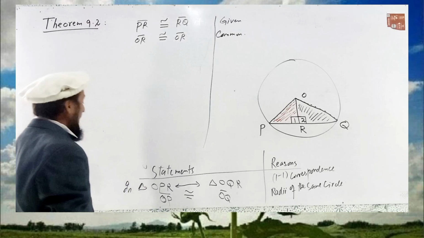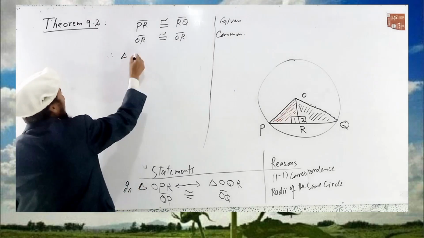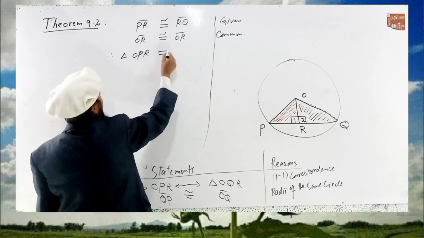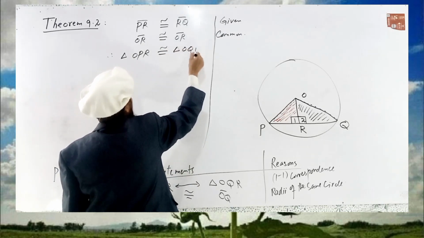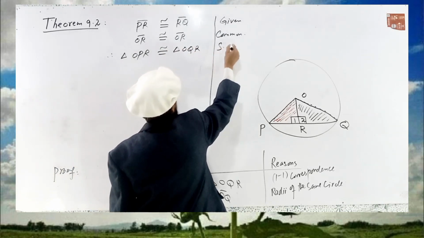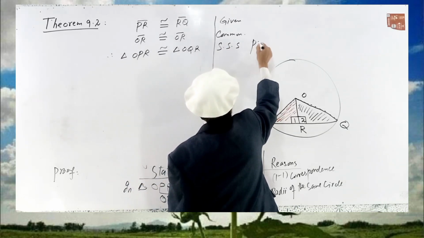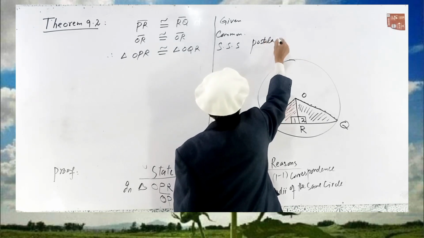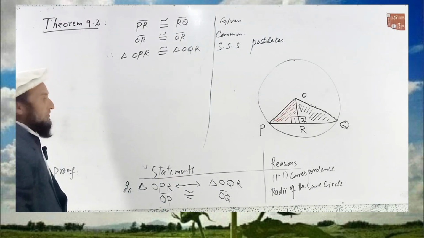So the triangles are congruent: triangle OPR is congruent to triangle OQR, by the side-side-side postulate.